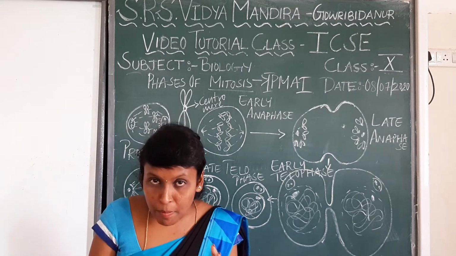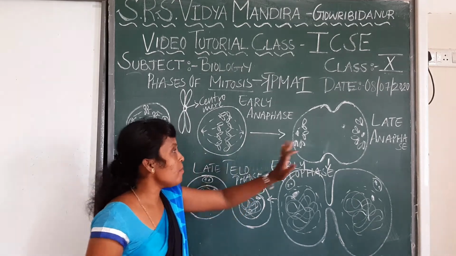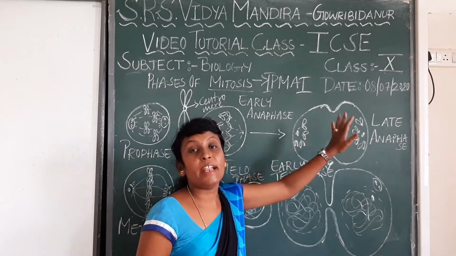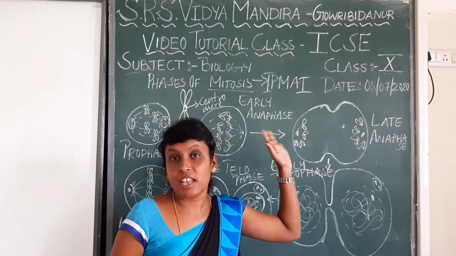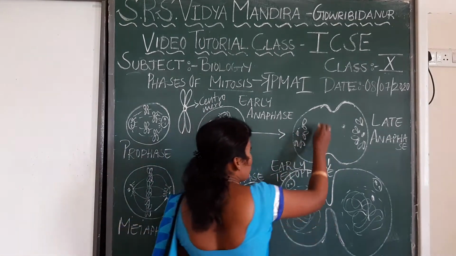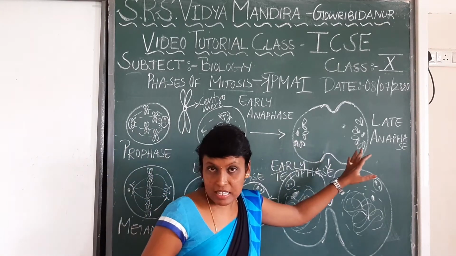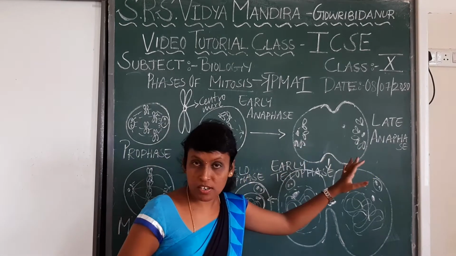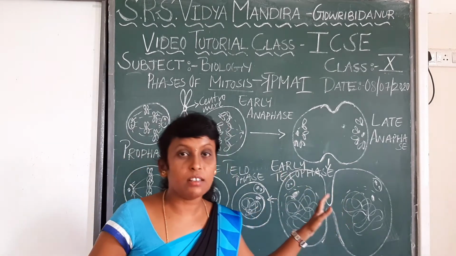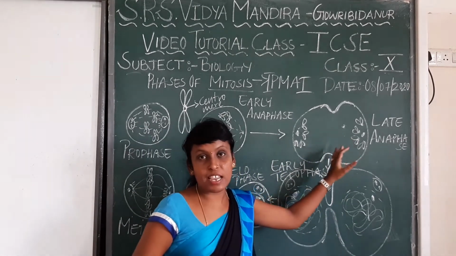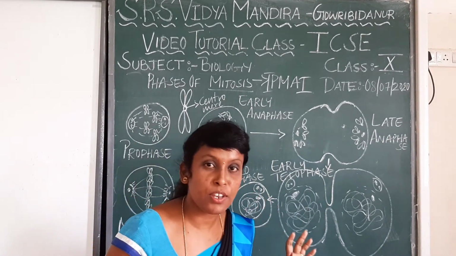Keep in mind, my dear children, the division of cytoplasm starts in the late anaphase stage only. How? It is producing a furrow, no? That is the identification that cytokinesis starts in the anaphase stage. You may get a question on this in your exams.